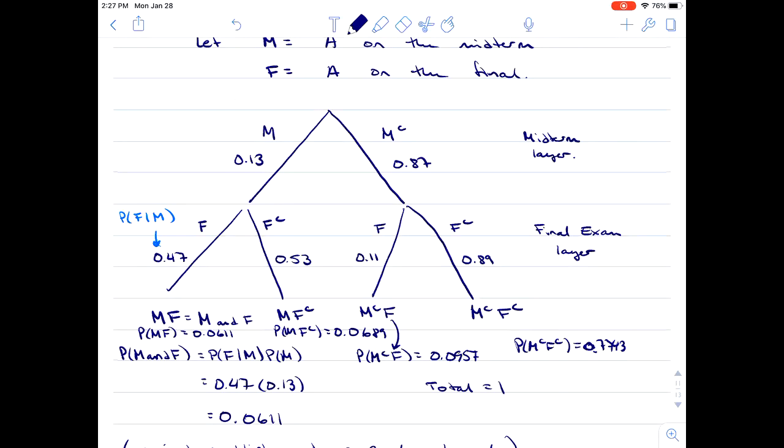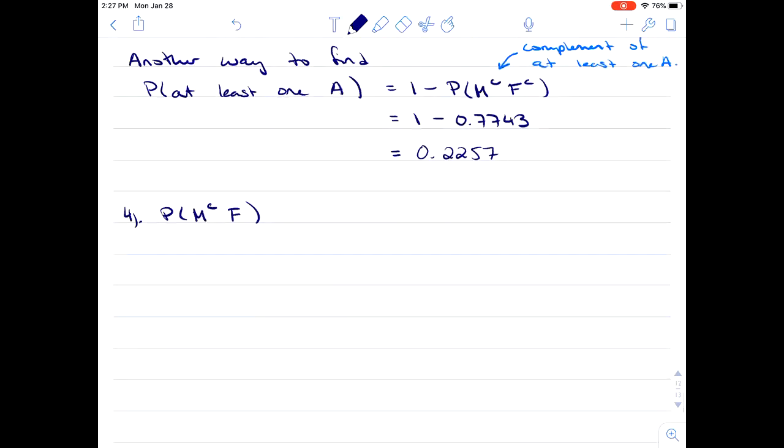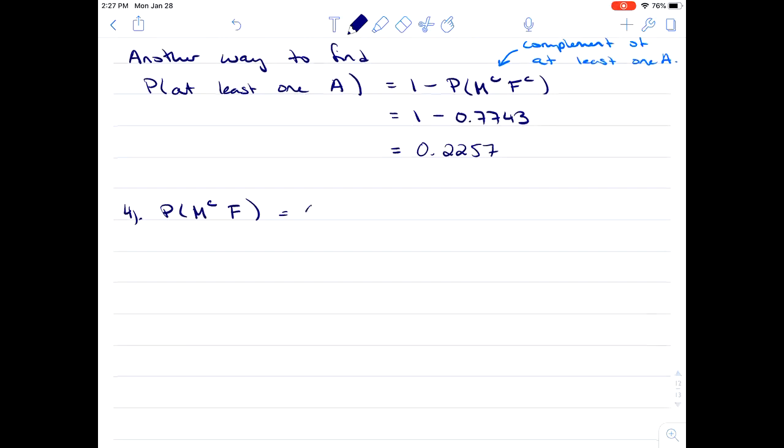So sometimes it's just one of these branches that you're looking for, and sometimes you have to look at which branch satisfies this criteria. And this is 0.0957. Nice. Any questions about that?